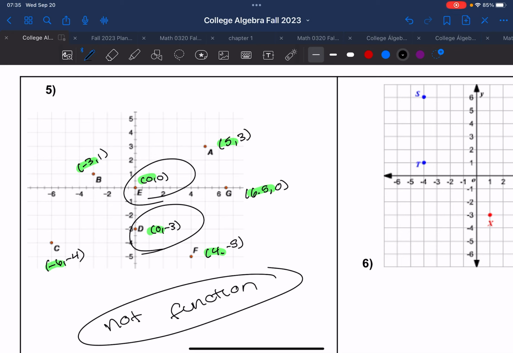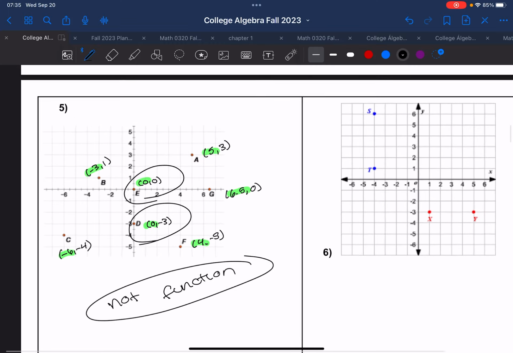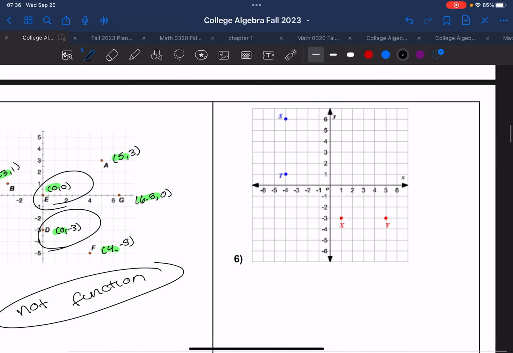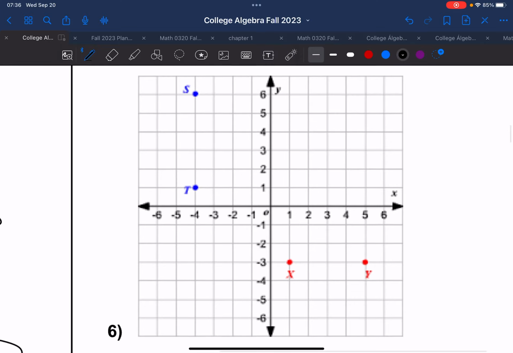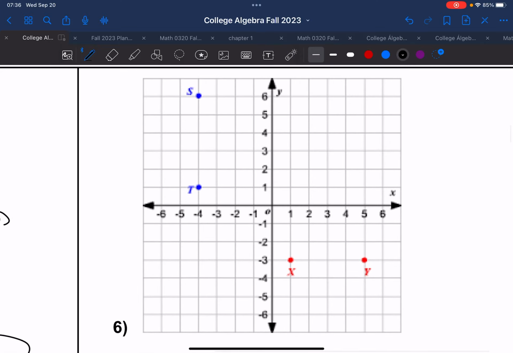Okay. Let's say you don't want to label the points. If you don't want to label the points and you still want to check if something is a function versus not a function, you can use the vertical line test. The vertical line test means I'm going to draw a vertical line everywhere on this graph.